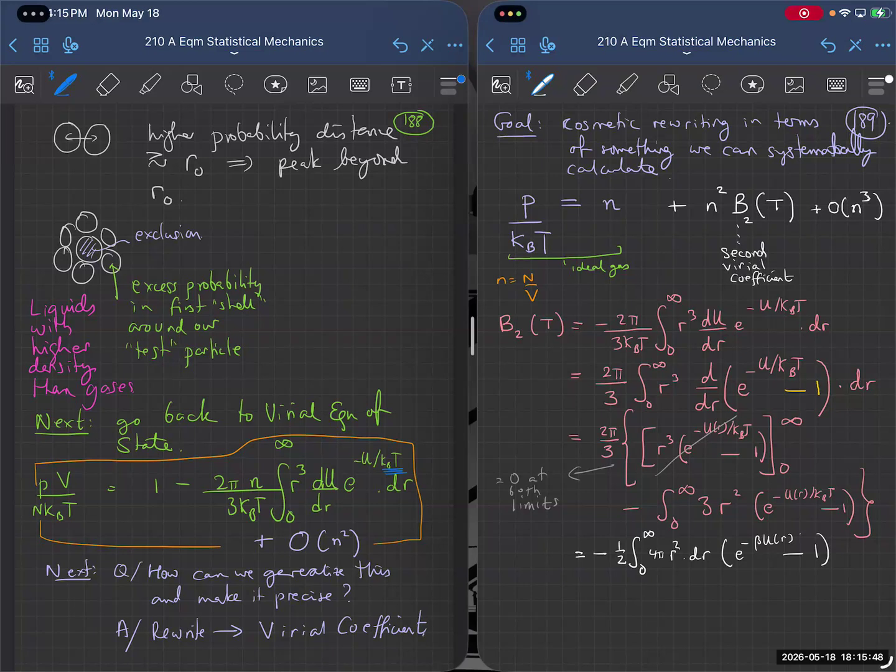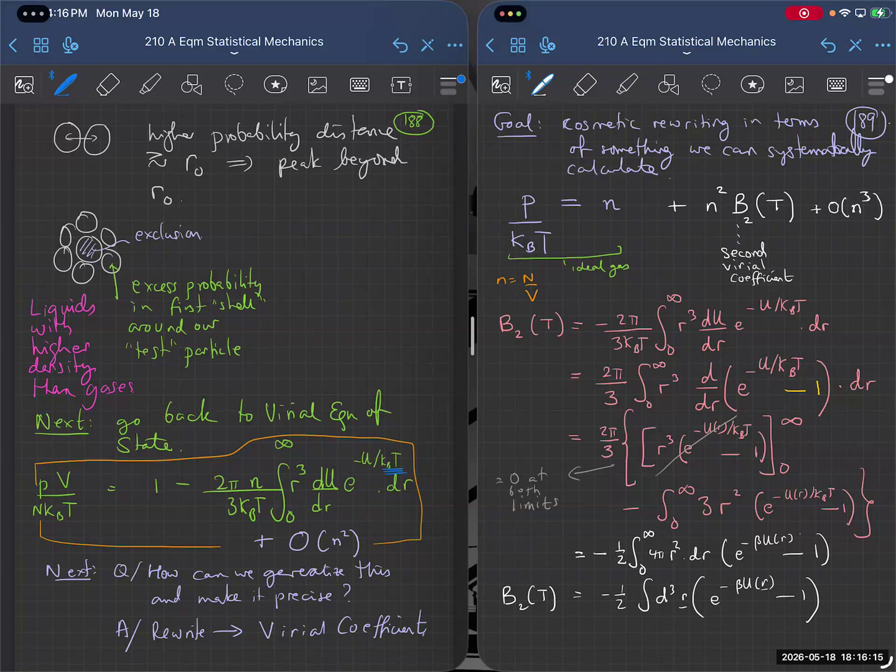And then this thing here is just minus 1/2 the integral d3r of e to the minus beta u of r minus 1. So that's what our second virial coefficient is, now written down in this rather general and compact form.